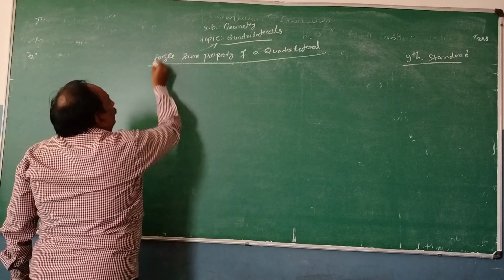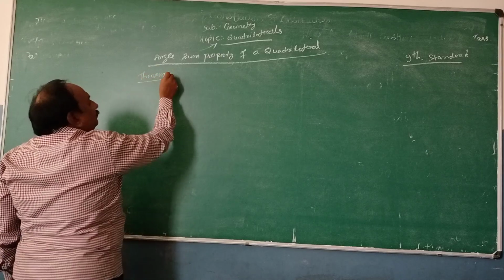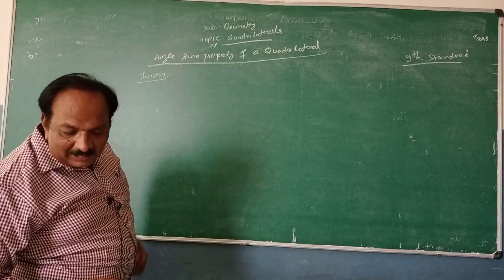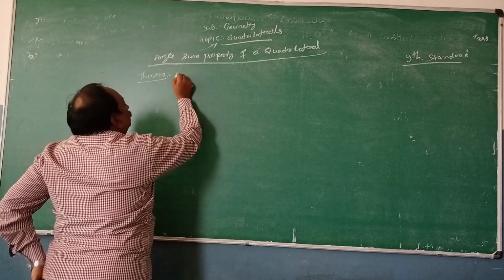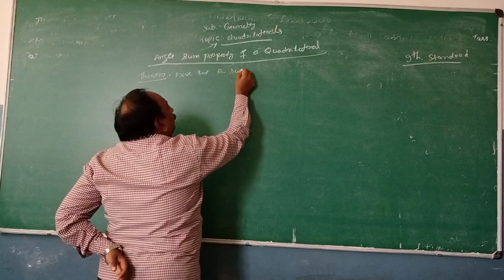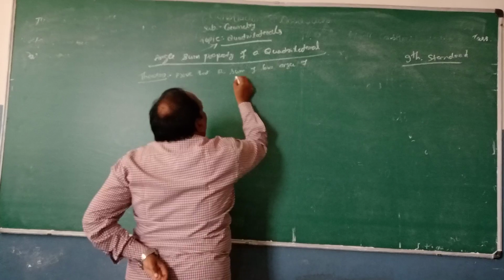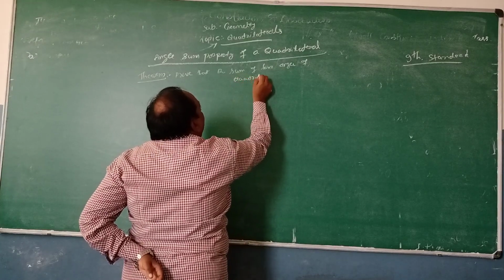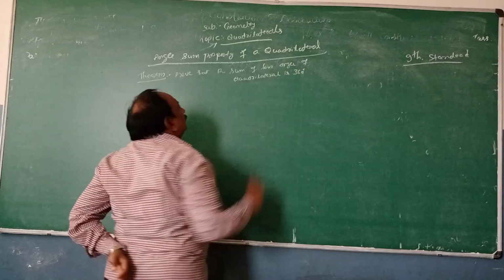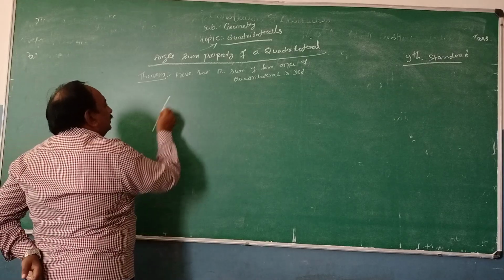Next, we have to prove the theorem: prove that the sum of the 4 angles of a quadrilateral is 360 degrees.